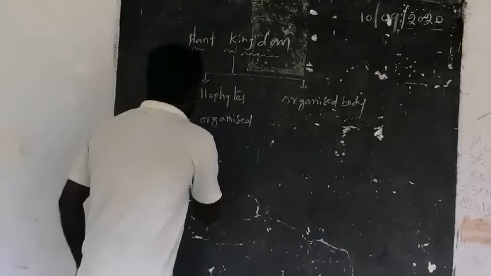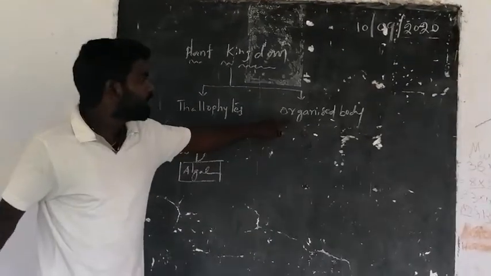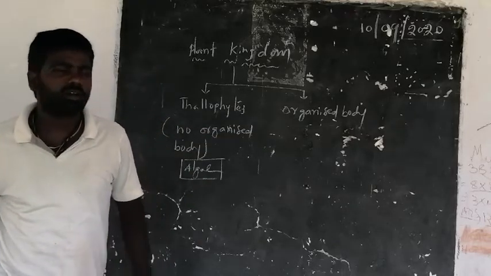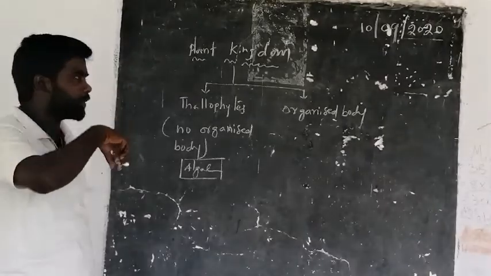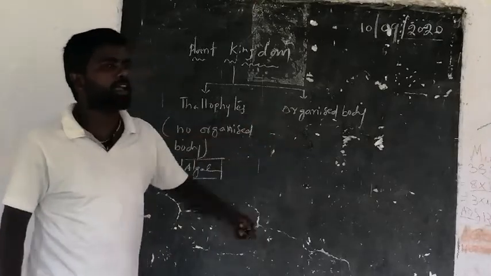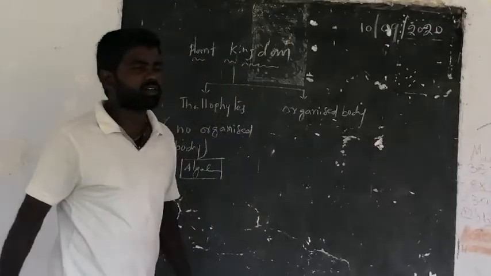The plants which possess an organized body, a perfect structure or a defined body, are of several types.